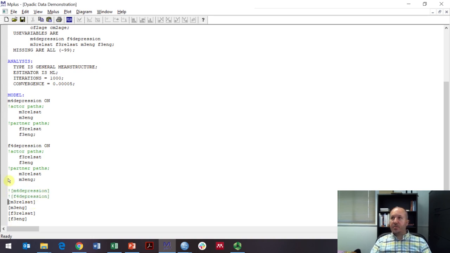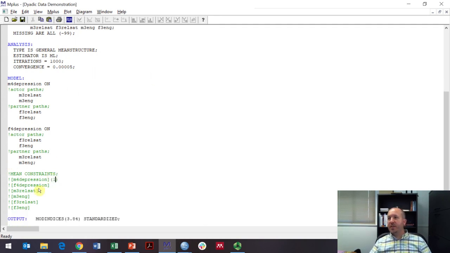So I'm going to add in exclamation points at the beginning of here because I don't want this syntax in yet, because this is what I'm going to use when I do my mean constraints. So if you remember, we do our M4, we put in brackets the name of the variable, and in parentheses we put a number there to tell it to constrain.